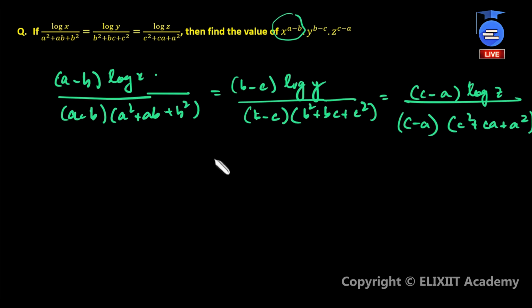This thing will come. So now what do I have? The denominator is (a minus b) into (a square plus ab plus b square). What is that? a cube minus b cube, right?